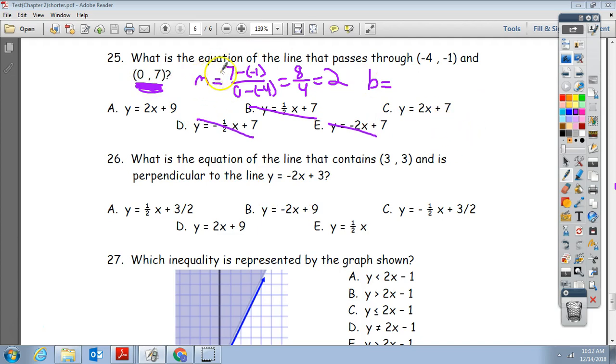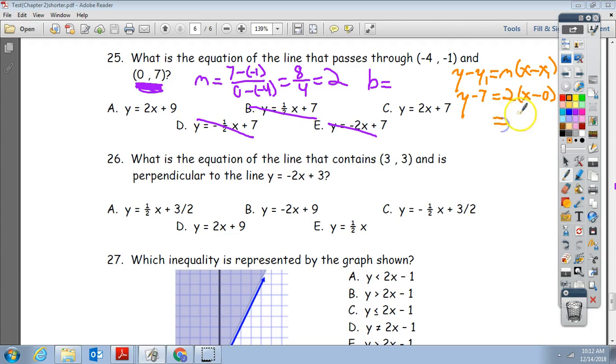Or I use my slope, and one of these points. Remember, I gave you a form that was called point slope form. When do you use point slope form? When you have a point and a, you got it, slope. Like if you plug in y minus 7, your y value, 2 is your slope, x minus 0 is your x value.